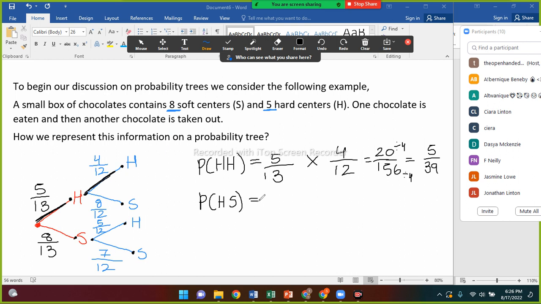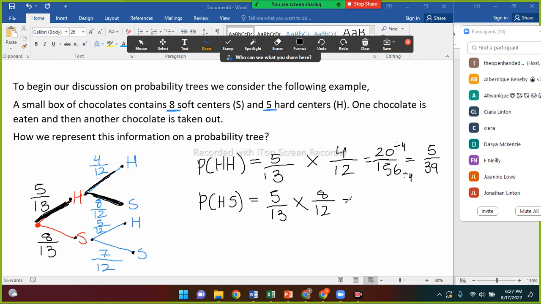The probability of getting a hard-centered one first was 5 out of 13. And then I want a soft-centered, so I go to this one, and I multiply that by 8 over 12, because that's what it is for soft-centered.